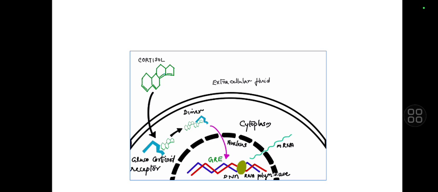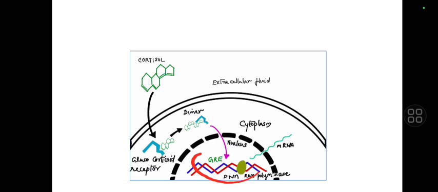So here we can see that the expression of this PEPCK gene is affected by insulin, thyroid hormones, glucagon, and glucocorticoids. Here we can see a picture showing this.